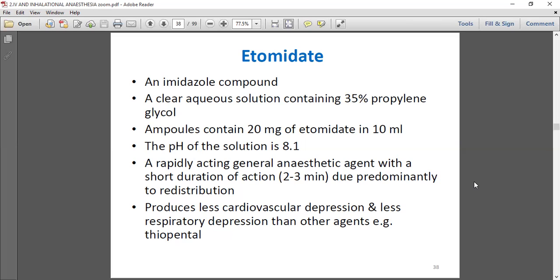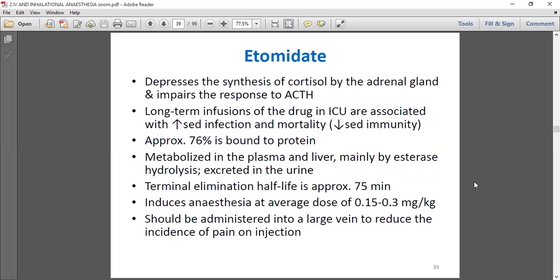It produces less cardiovascular depression and less respiratory depression than other agents. Etomidate depresses the synthesis of cortisol by the adrenal gland. Which other drug causes reduced cortisol? Yeah, we've just seen it, and then you forget.